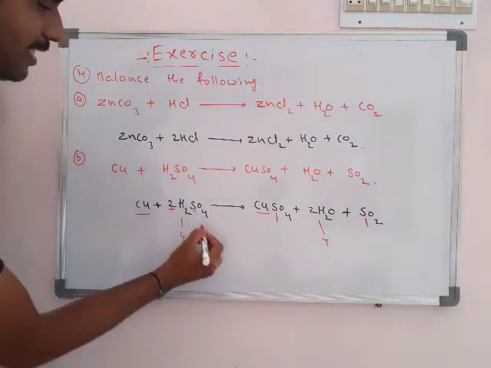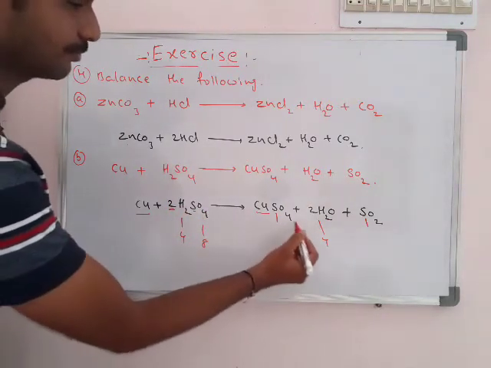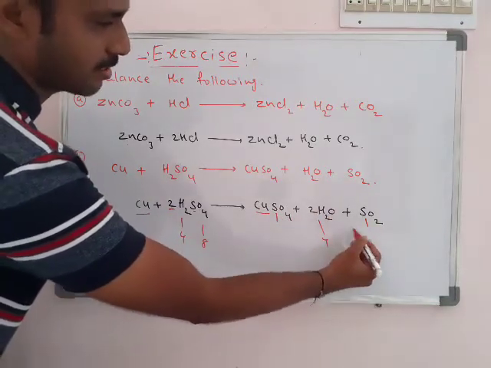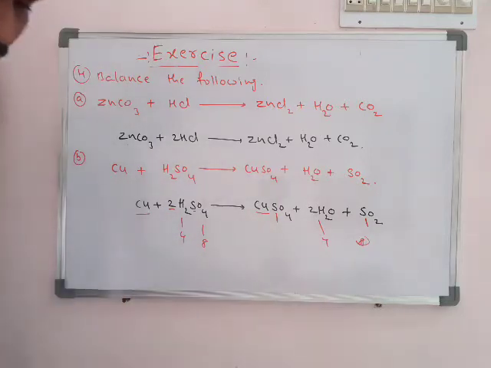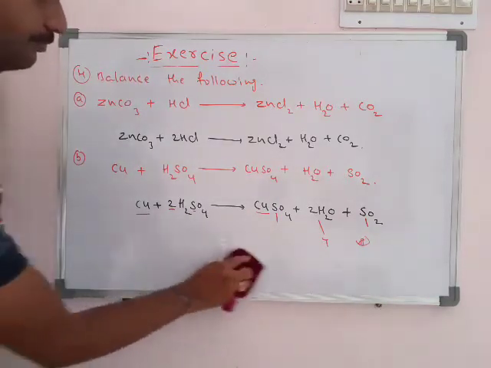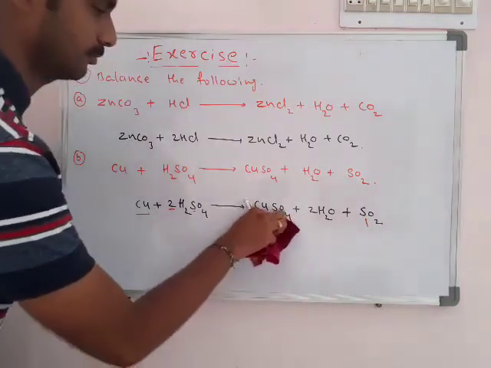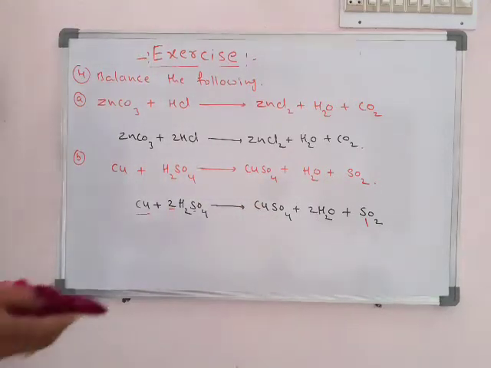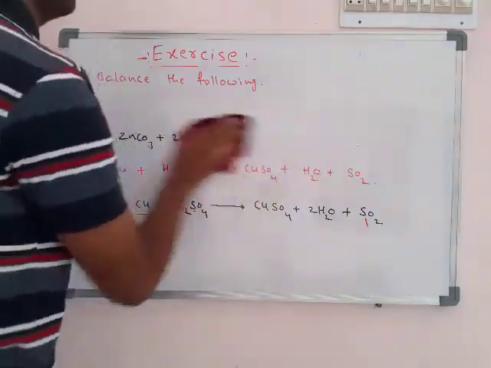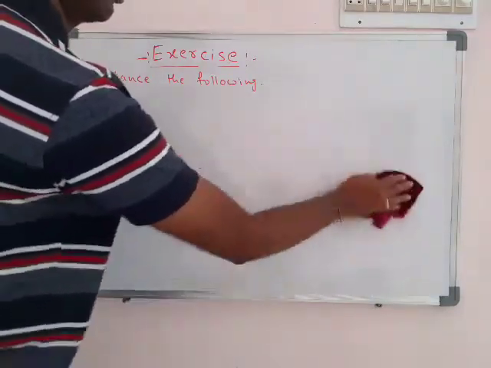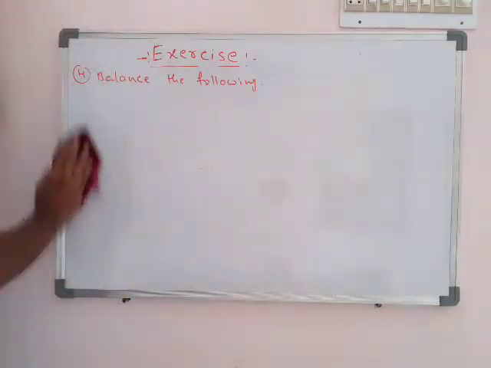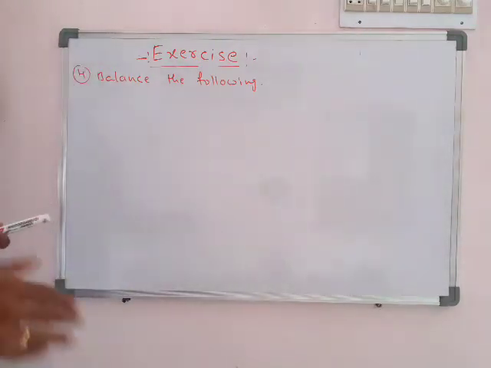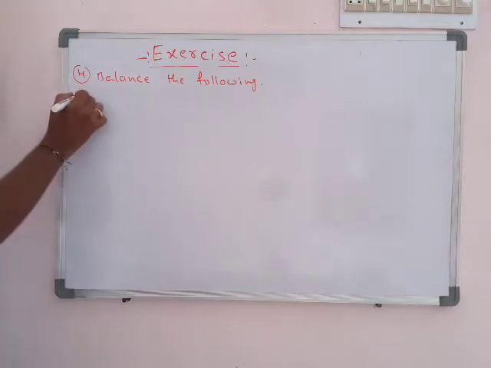Next, oxygens: 4 becomes 8, here 8 oxygens: 4, 5, 6, 7, 8. Okay, all are balanced. Let's see the next equation.